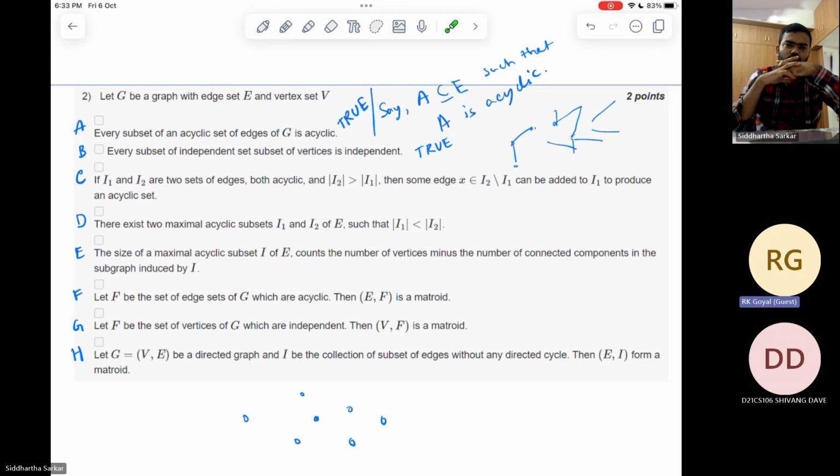If I take some edge which is not in I1 and which is there in I2, and that is not forming a cycle, this is still not necessary, because it is quite possible that the dynamics of the graph could be such that one edge may be taken from I2 and can be added to I1 to produce an acyclic set.